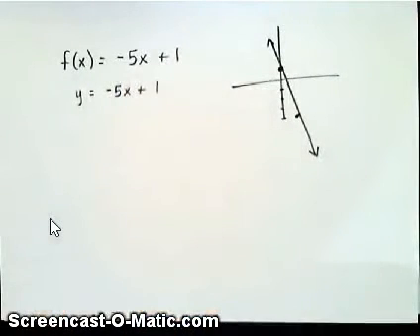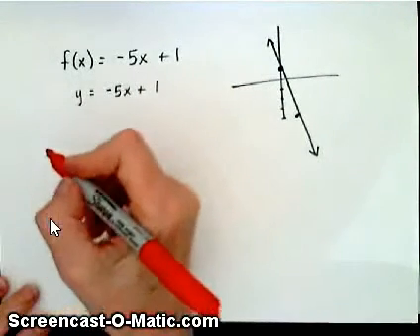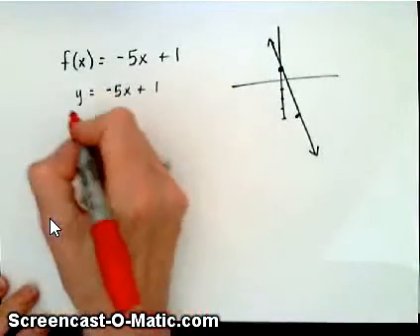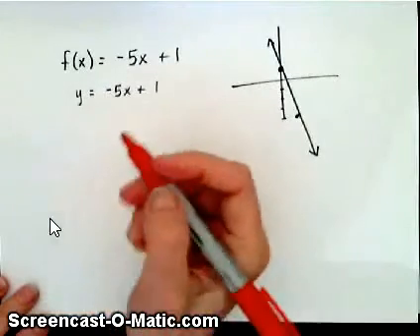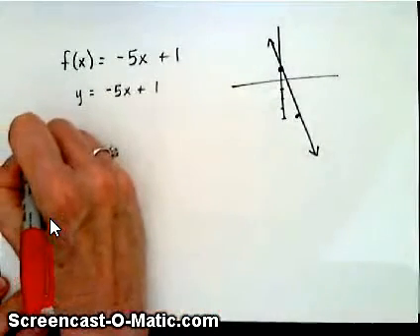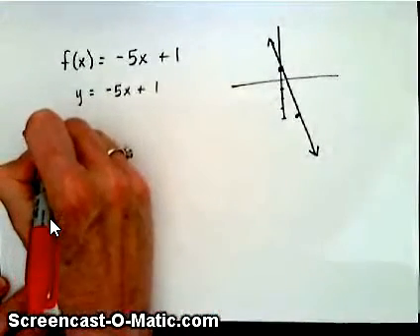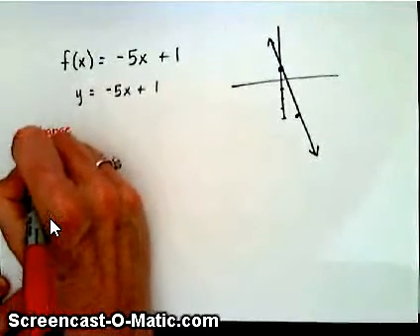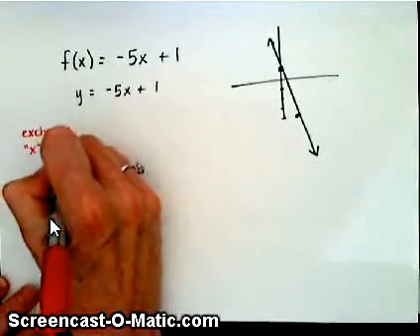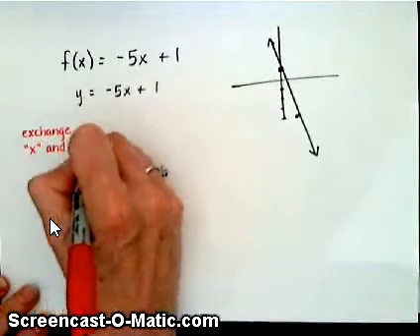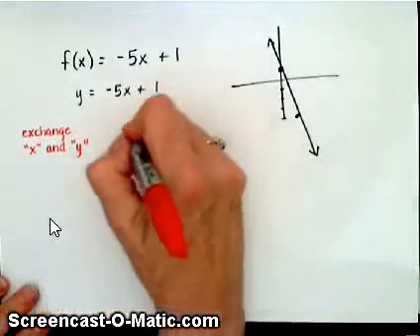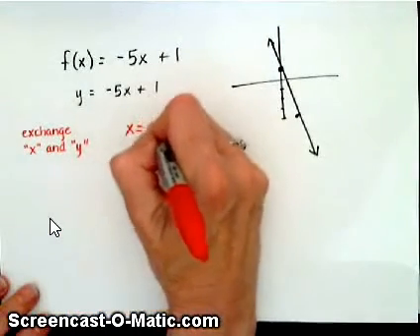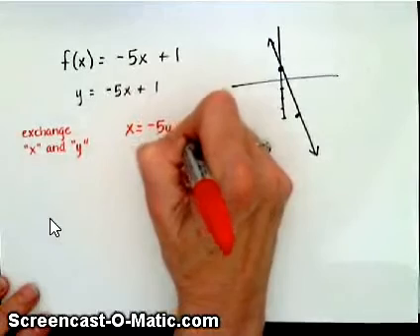So let's say we want to find the inverse function that goes with y is equal to negative 5x plus 1. All right, step 1. You're going to get this into y equals form, and then you're going to exchange the x and the y. You're just going to swap them. So this would become x equals negative 5y plus 1.